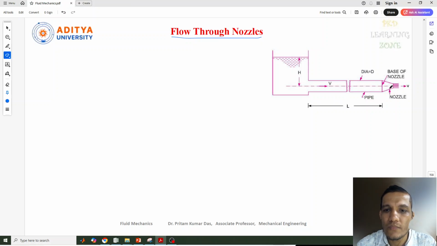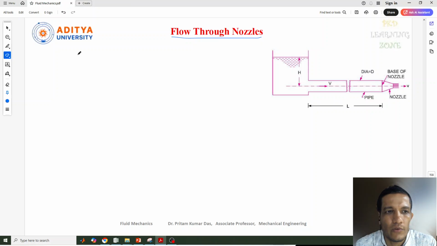When the fluid is flowing through the pipe, the total energy consists of pressure energy and kinetic energy. Coming to this nozzle part, when the fluid comes out from the nozzle, the total energy is converted to kinetic energy at the nozzle, so that the fluid comes out with a high speed.